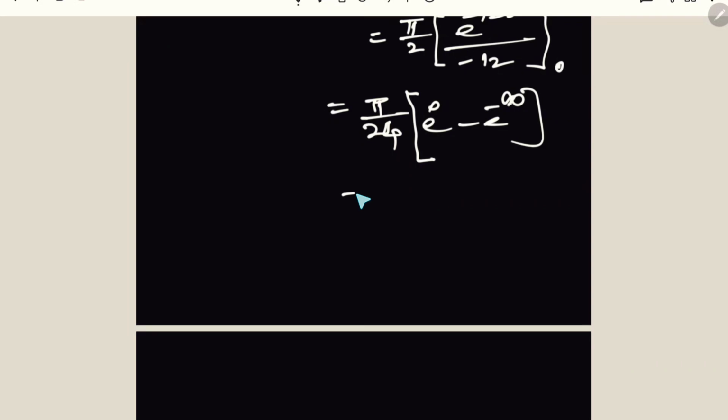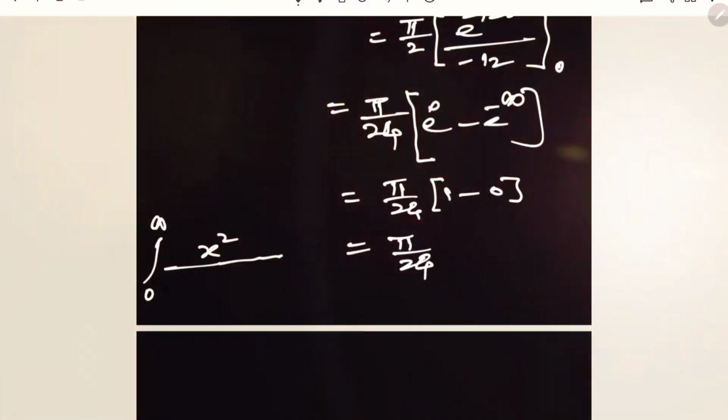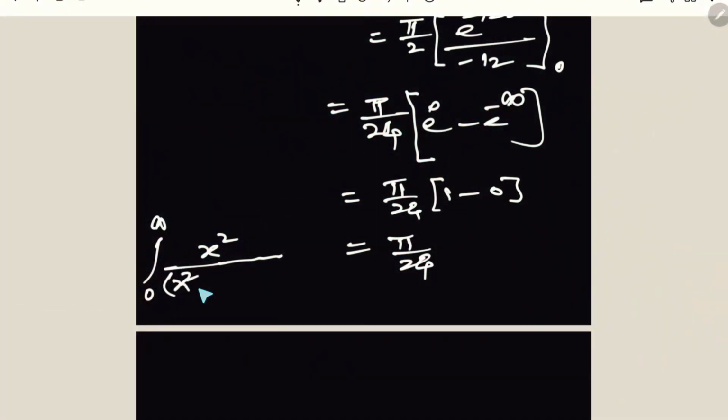And therefore we get pi by 24 multiplied by (1 minus 0), as pi by 24, the required value of that integral by Parseval's identity. This is the value of that first integral using Parseval's identity.